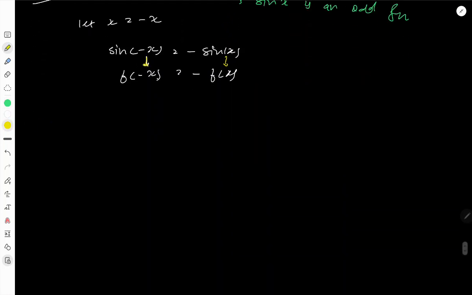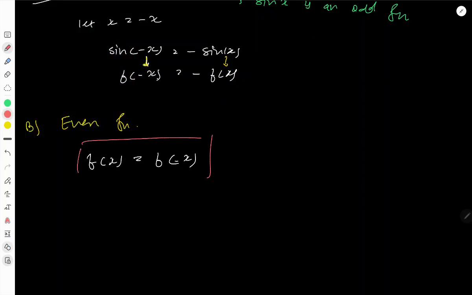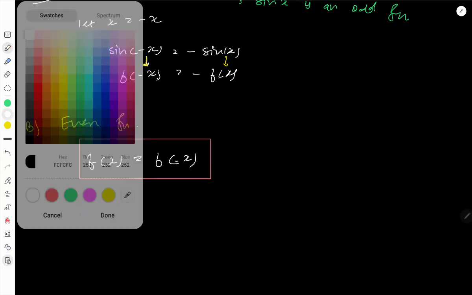And the second type of function, now you might have guessed, would be the even function, where f of x equals f of minus x. And now the immediate example from trigonometry that should strike you is cos x.